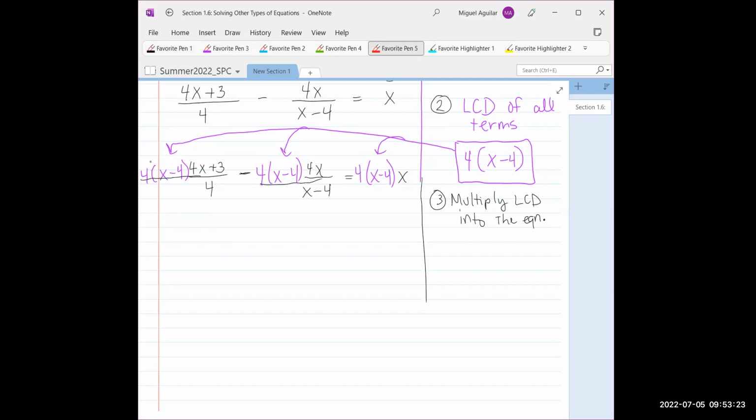Four? 4, right? This 4 and this 4 here are your common factors. So we can cancel them out. That means what we'll have left over is x minus 4 times the stuff that was already there, which was the 4x plus the. Does that make sense? We just cancel the common factor?